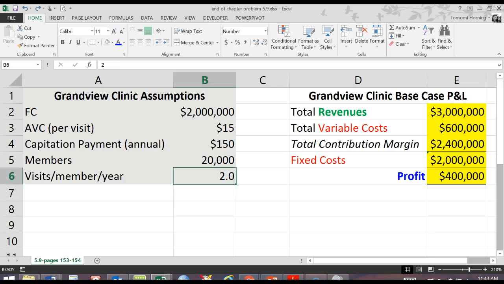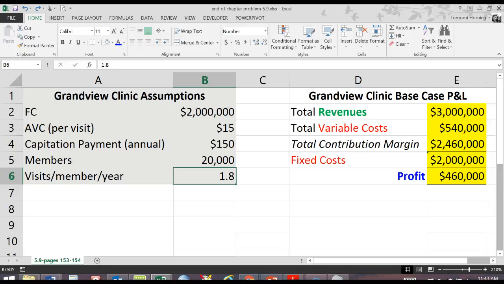And notice I'm going to toggle back and forth again. I'm back to 2 visits, the original base case P&L. Watch what happens also to your variable costs and your contribution margin, which is going to affect the profit. You can see that variable costs went down, meaning that since you only have 1.8 visits instead of 2, your total number of visits times the average cost rate per visit has decreased, so you don't incur as many variable costs.